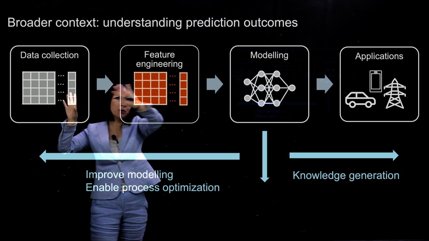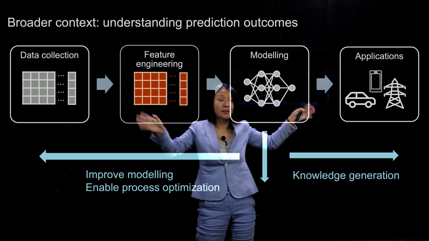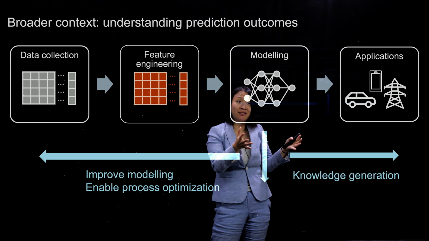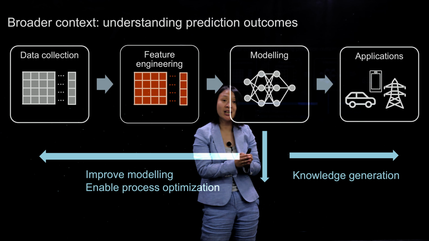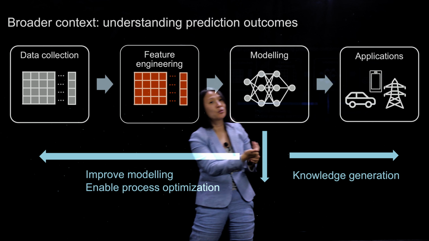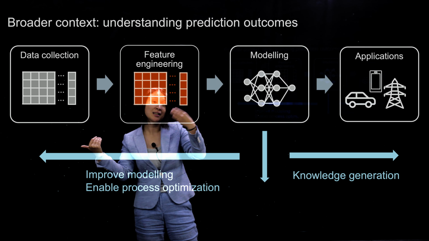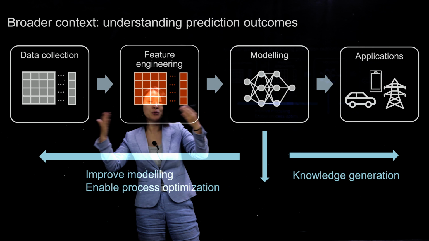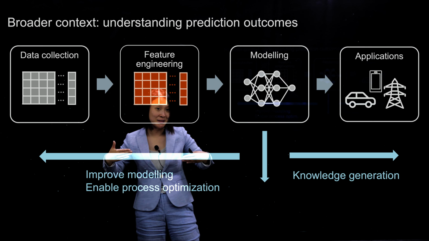When we are building a data-driven workflow to predict battery lifetime, once we have our predictive model, if we apply techniques such as SHAP analysis, it would help us, firstly, to better understand how each feature contributes to our model, and this will help us improve our model in the feature selection process.